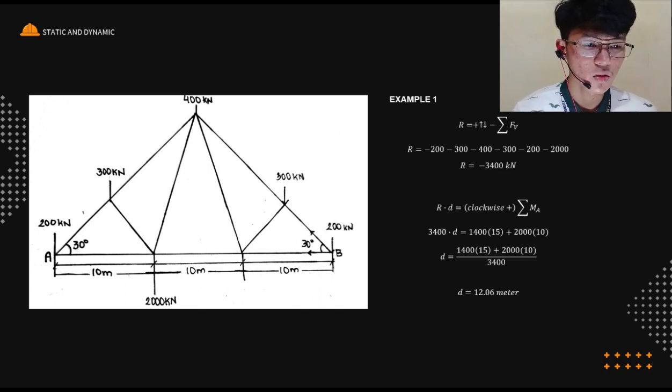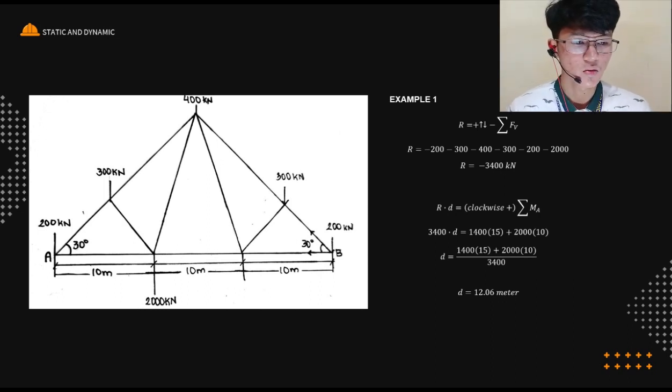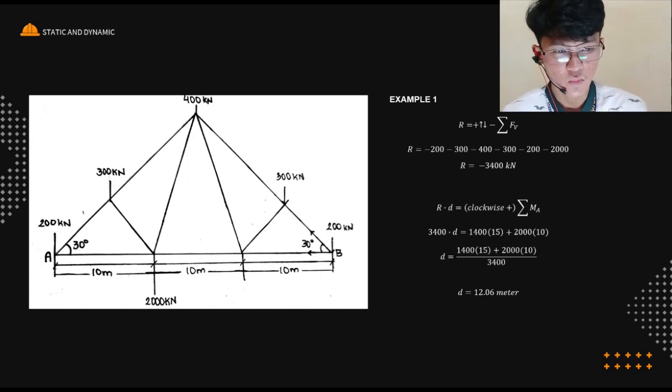So, para makuha yung distance, i-manipulate natin ulit yung ating equation. So, D equals 1,400 times 15 plus 2,000 times 10 all over 3,400. So, kapag kinalculate natin ito, ang lalabas ay D equals 12.06 meters. So, yun po yung ating distance.